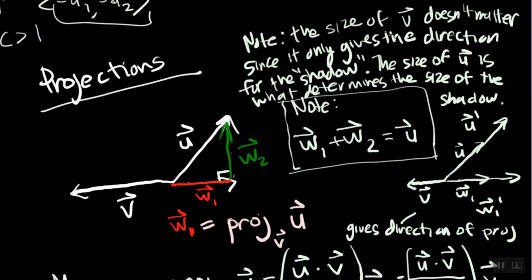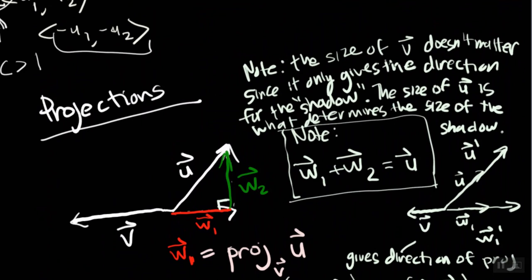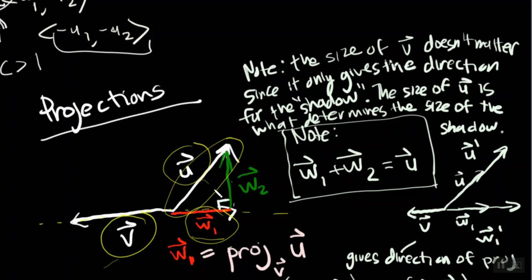Now let's actually move this down a little bit. So a projection is essentially a shadow. So in this case, W1 is the shadow of the vector u cast upon the vector v. So you can think of the vector v as kind of like a platform for which this vector can cast a shadow upon. And in this case, the shadow is W1.